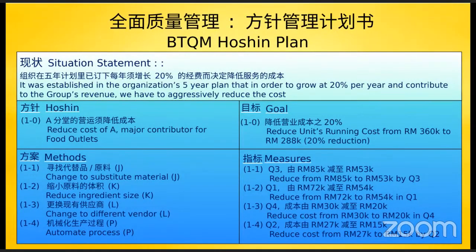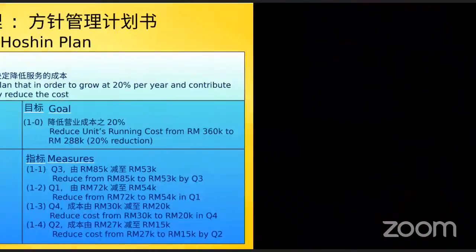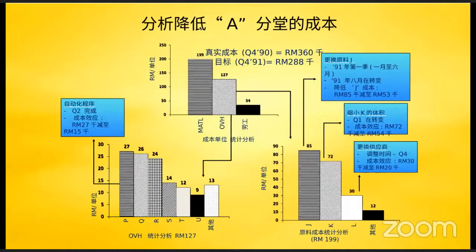So in a pictorial form, normally for cost accounting, they talk about three things: the material cost and the overhead cost.